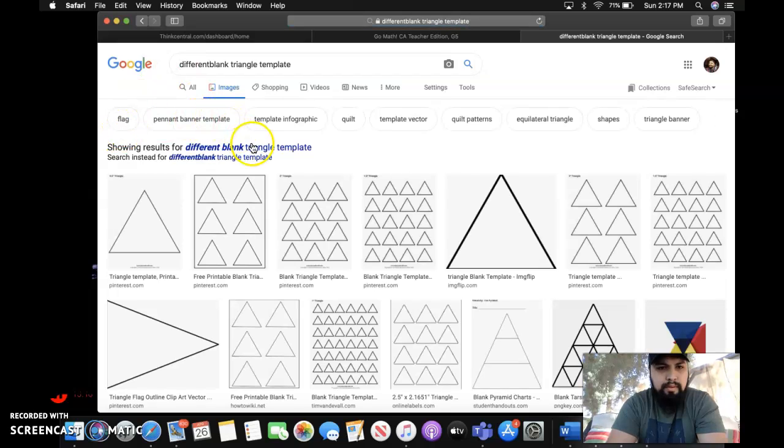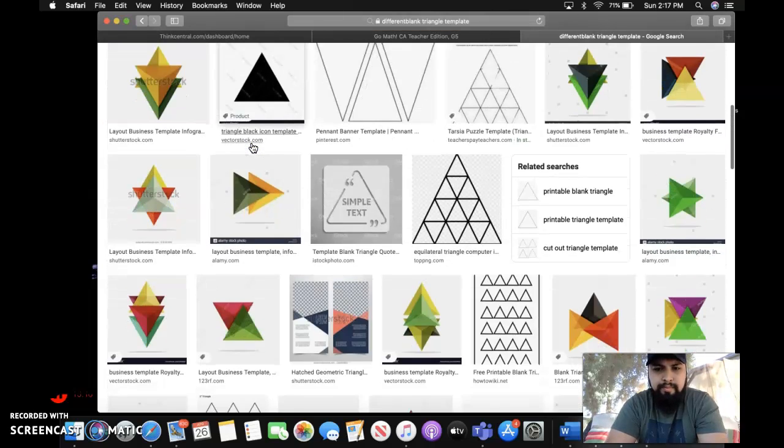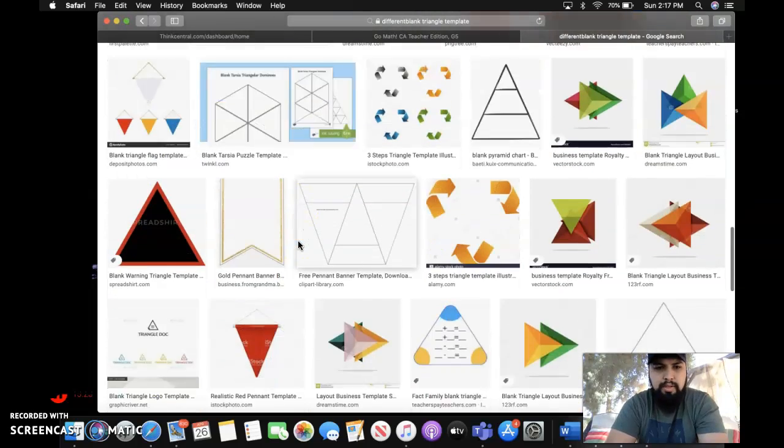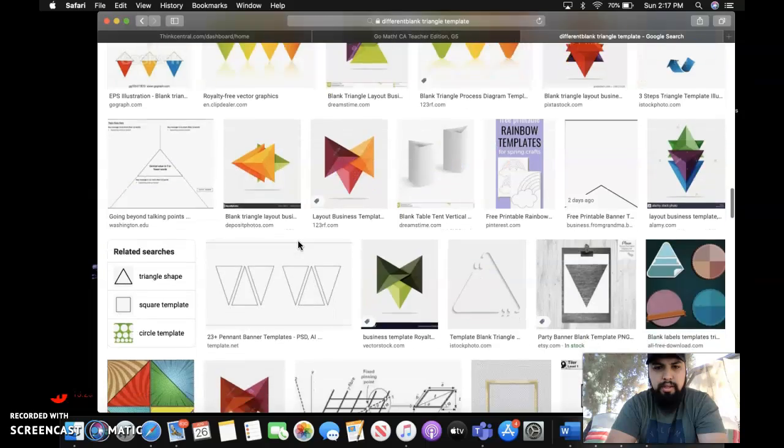I'll look for one. If I can't find it, I'll post a link to it in the description. But let's say that all these were blank, and all these were different shapes.